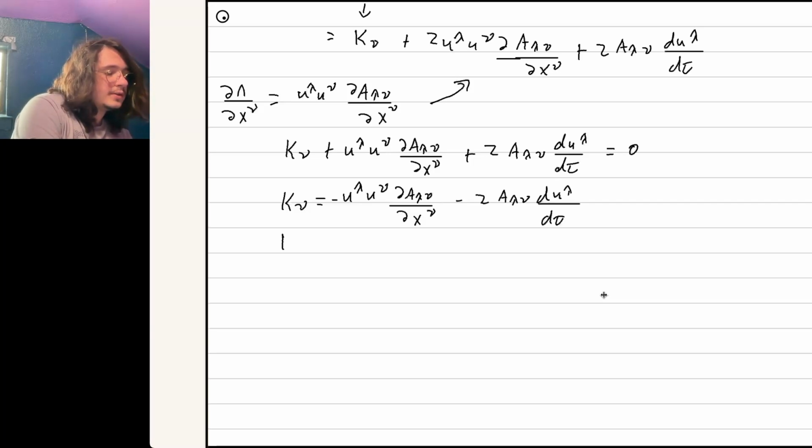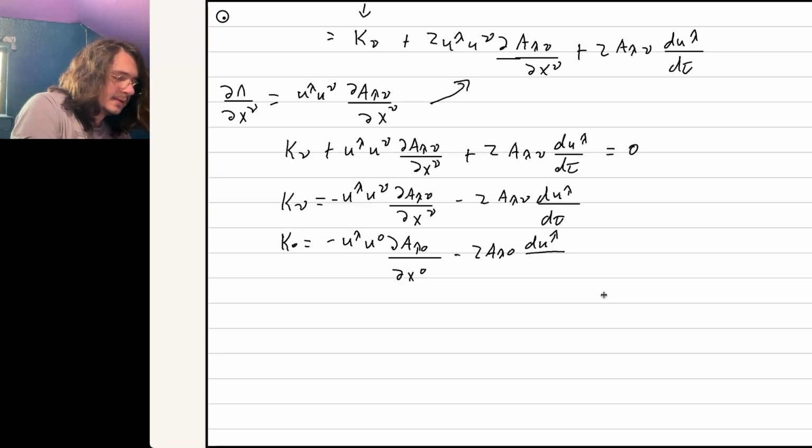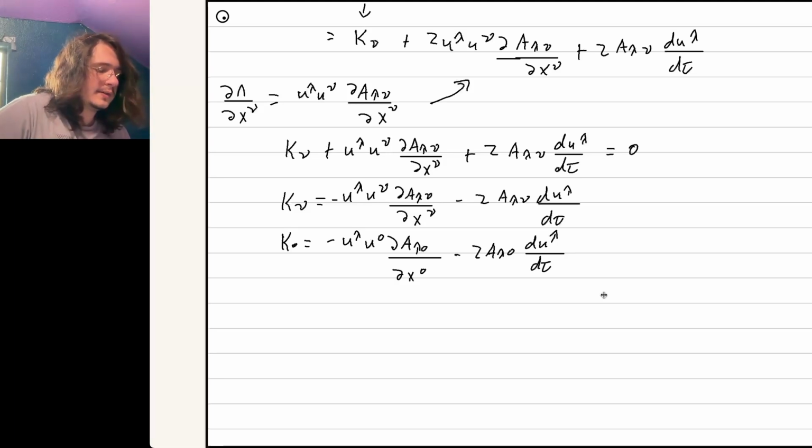So the zeroth component of the Minkowski force then is u^lambda u^0 del a_lambda 0 del x^0 minus 2a_lambda 0 du^lambda d tau. The only thing that you can do to simplify this is the zeroth component of x is just ct, and then u^0 is just gamma c.